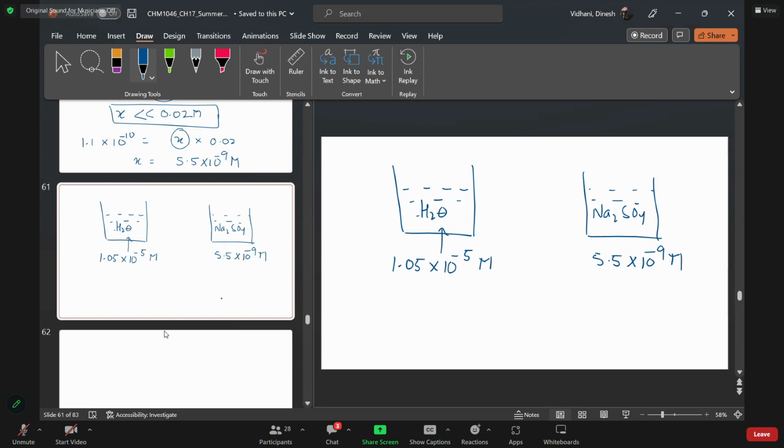What can you tell me about the solubility of barium sulfate in these two solutions? So this is essentially X. So what can you tell me about the solubility?